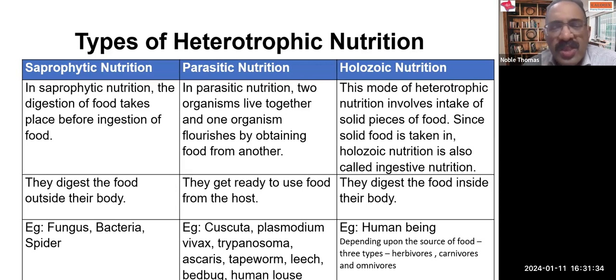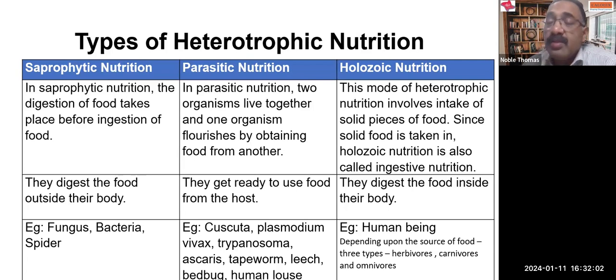Saprophytes are different from scavengers. We normally say that organisms that depend on dead and decaying material are saprophytes, but not all of them are. Scavengers, like a hyena or a vulture, do eat dead organisms.